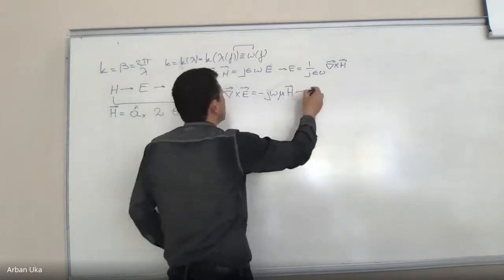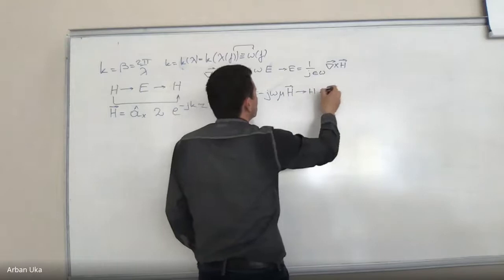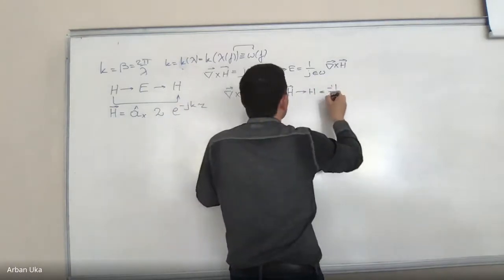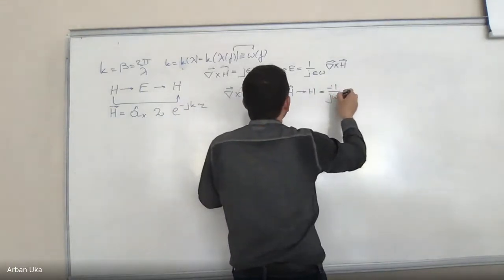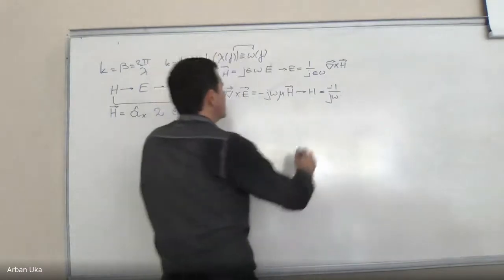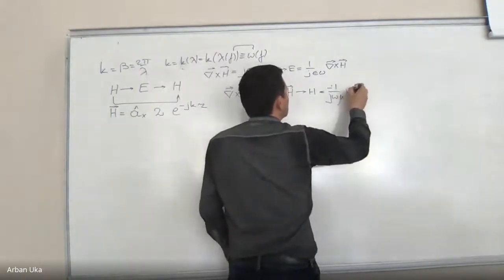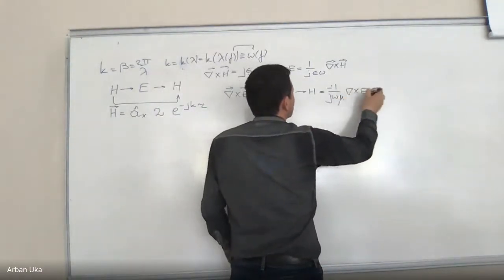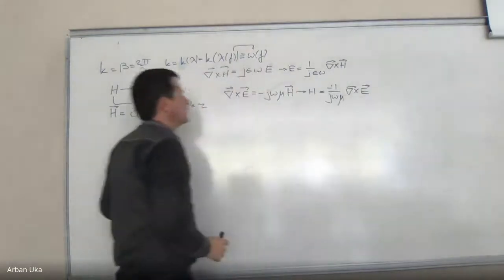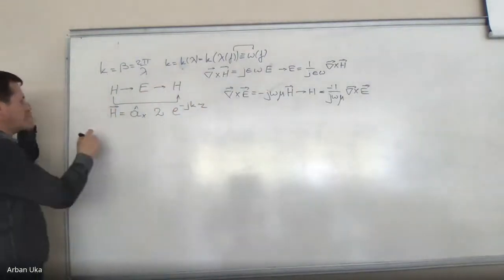Which means that H is equal to minus 1 over j omega mu, the curl of E. Okay, so let's start from here.